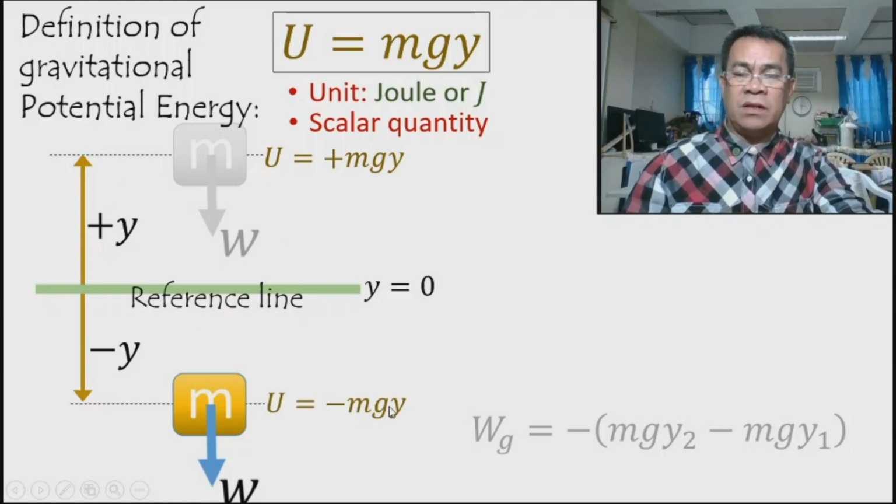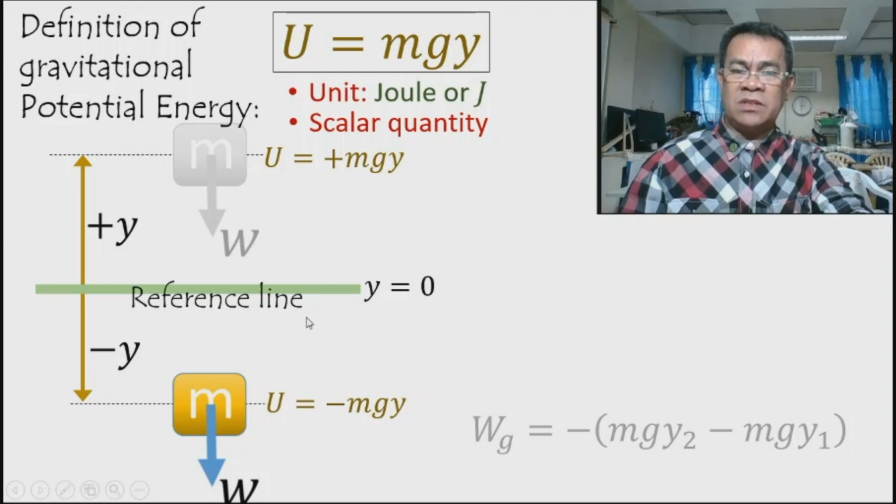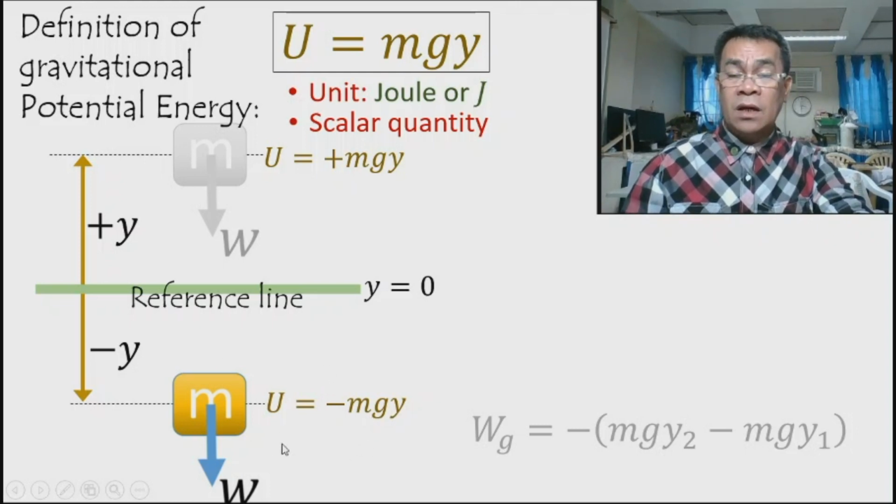So this is negative mgy. So what's the meaning of negative? If you have negative energy, it means the particle moves away from the reference line. If it is positive, the particle is moving towards the reference line.